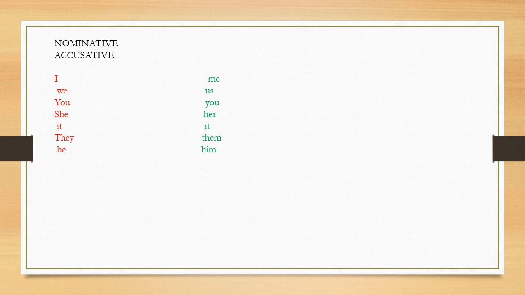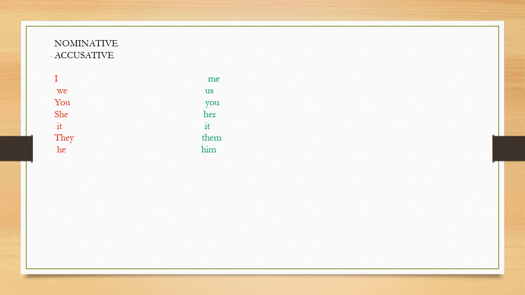Past tense, passive voice: A letter was written by, do I say "I"? I say a letter was written by me. So "me" is the accusative form. We wrote a letter: a letter was written by us. So the nominative case is "we," the accusative is "us." These are used in changing the passive voice.